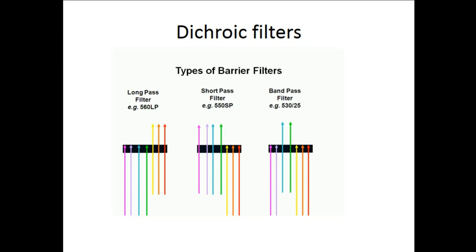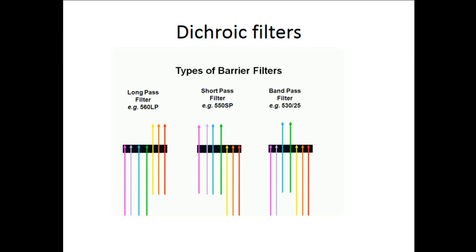And what I want you to be able to convey in the answer for the experiment or the practical is you'll be able to tell me what a long pass filter is, what a short pass filter is, and what a band pass filter is. So say you have a long pass filter of 560.